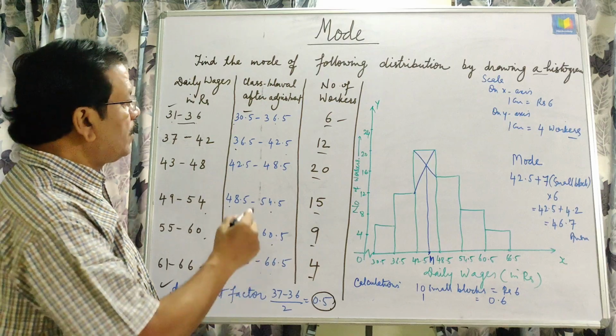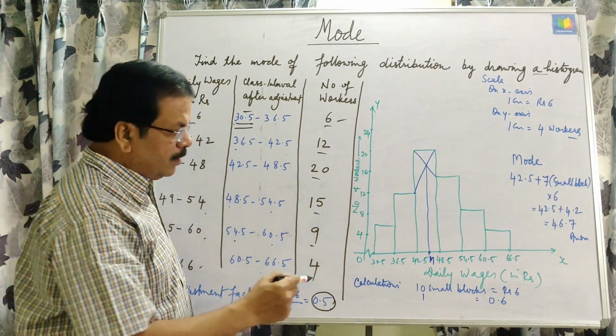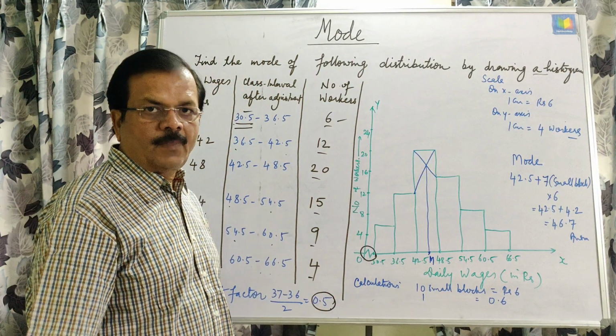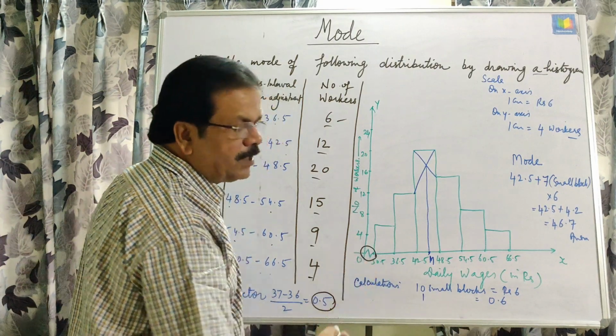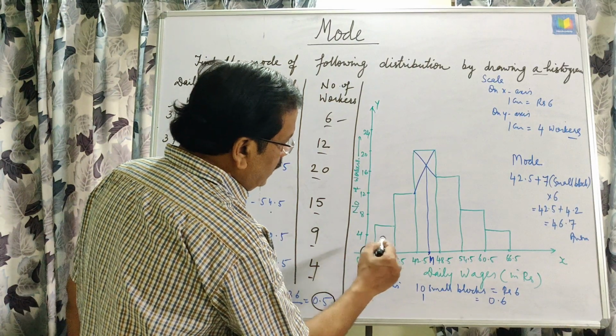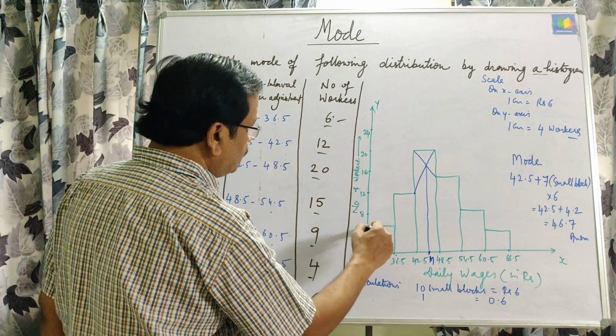You can see this does not start from 0, and that is why we should make a kink. This kink will define the range 0 to 30.5.